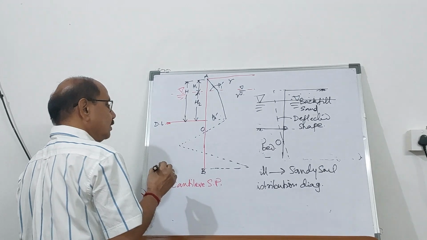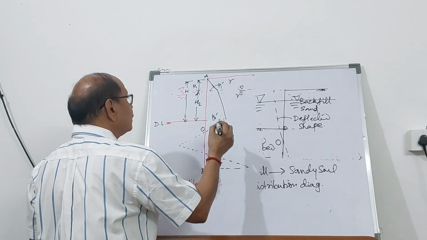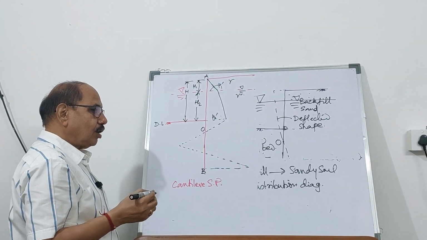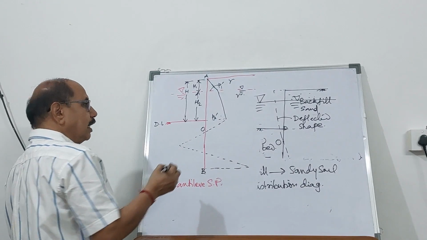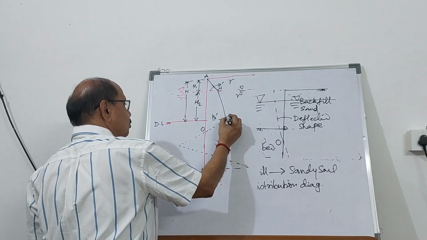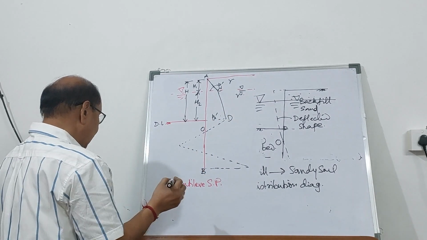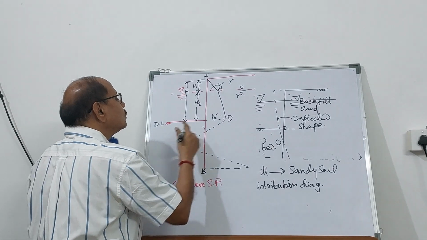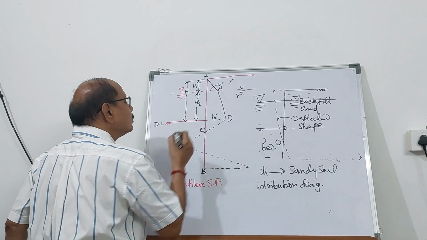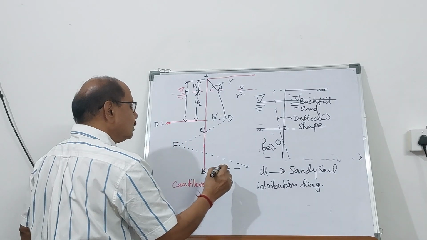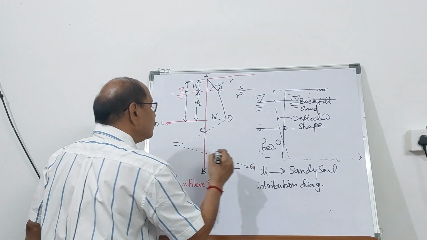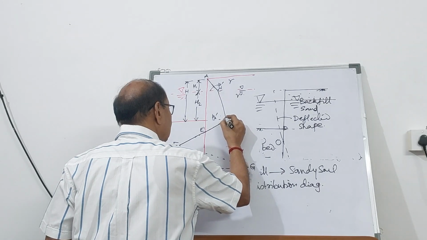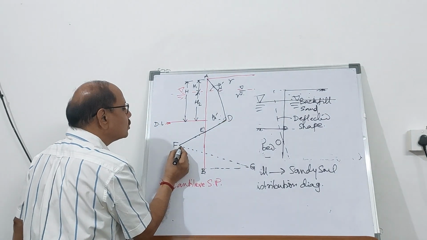This is B. So I may call this one as A, B, and I may call this point as C, this point as D. I may call this point as E, F, G. So the pressure distribution is like this.